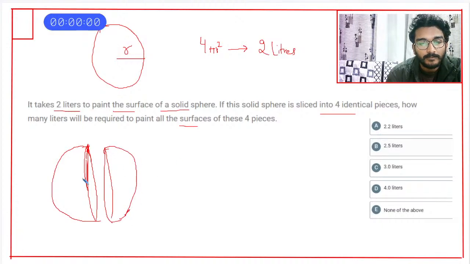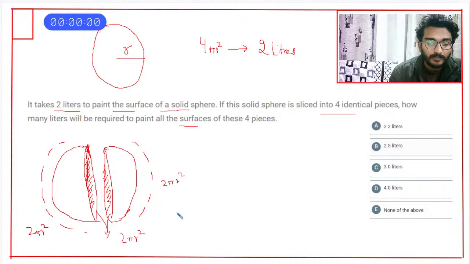Correct? So this is 2 pi r square, like half of the solid sphere. This is 2 pi r square. And then additionally, I am having these two portions also. Each circle is pi r square, so there are 2 circles. So it is 6 pi r square in total.